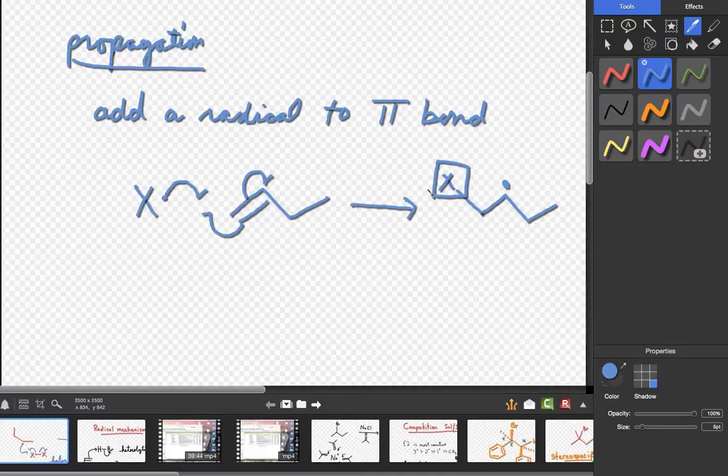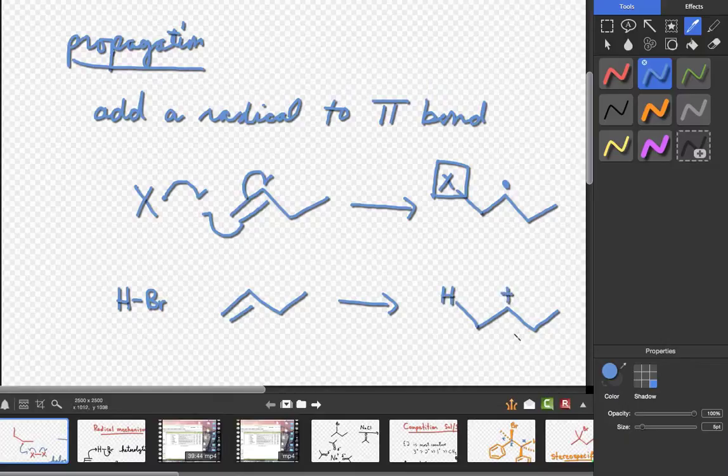By the way, if this were HBr adding to this alkene, I would produce the more stable carbocation intermediate.